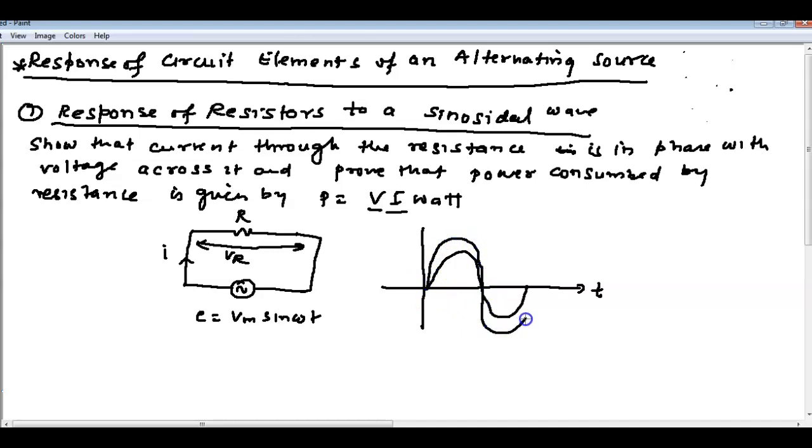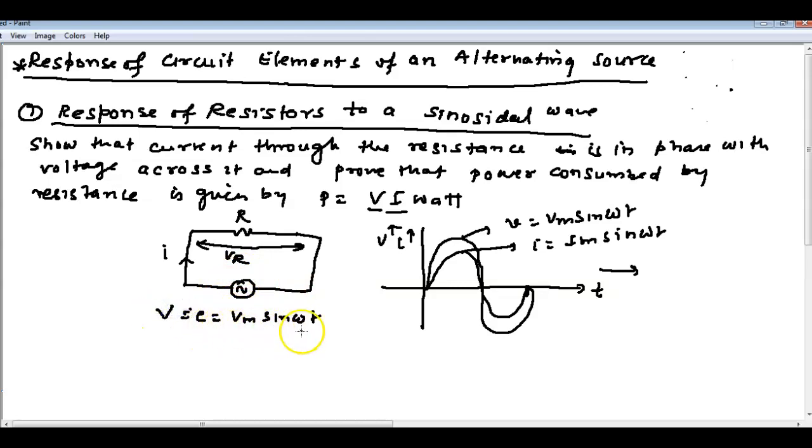The frequency and all will be the same. So V is equal to Vm sine of omega t, and I is equal to Im sine of omega t. This is time t, with I and V both shown. This is the phasor diagram. So consider this AC circuit has a pure resistance R connected, and the voltage is V is equal to Vm sine of omega t.